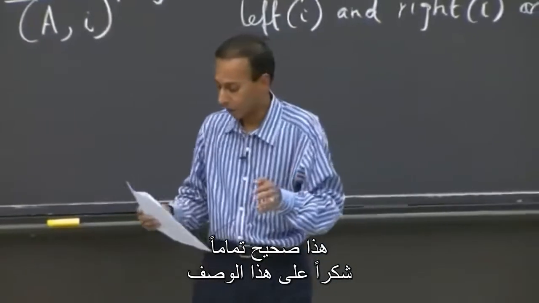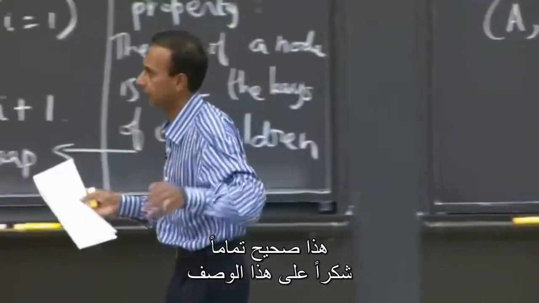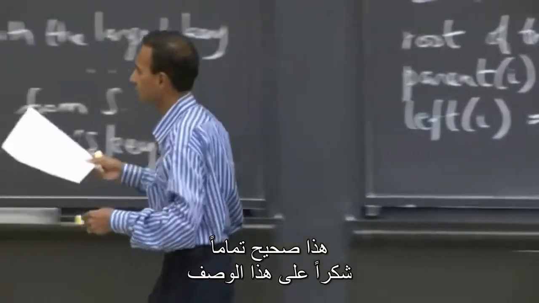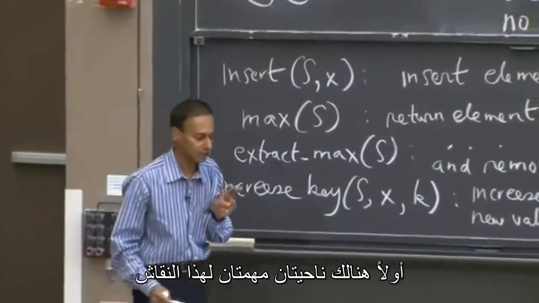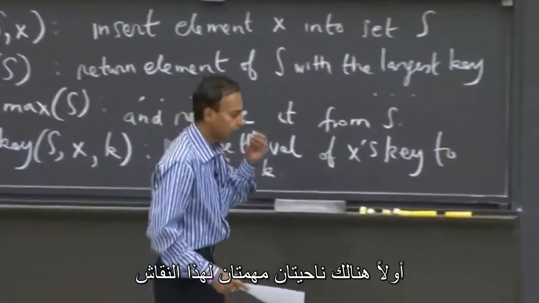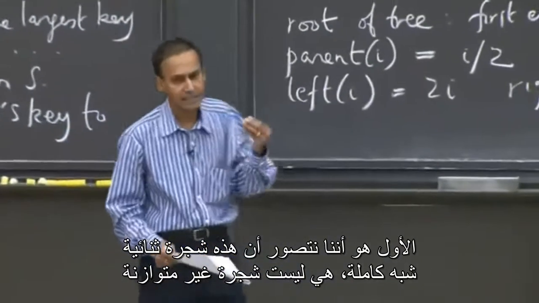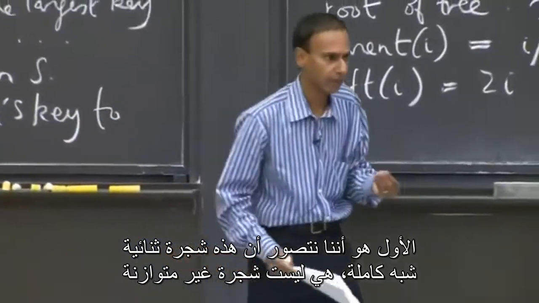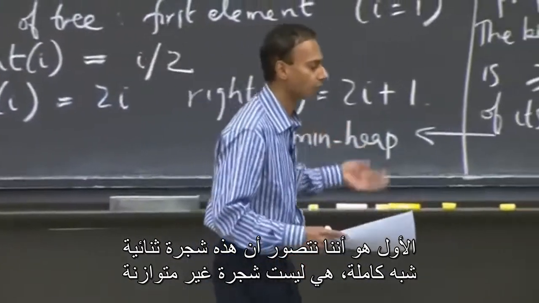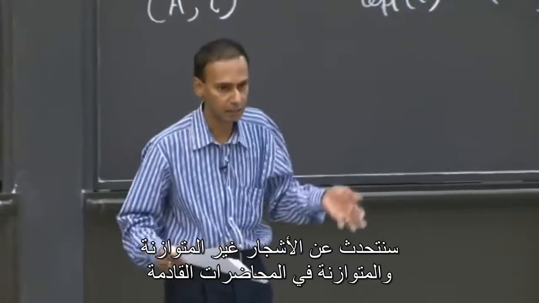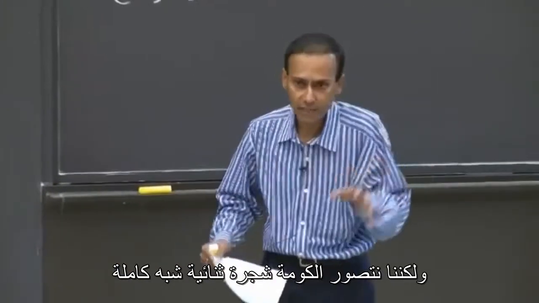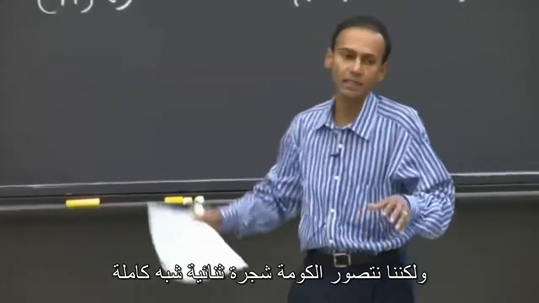All right. So that's exactly right. Thanks for that description. There are two important aspects to this argument. The first thing is that we're visualizing this as a nearly complete binary tree. It is not an unbalanced tree. We'll talk about unbalanced trees and balanced trees in the next couple of lectures. But the visualization of a heap is a nearly complete binary tree.